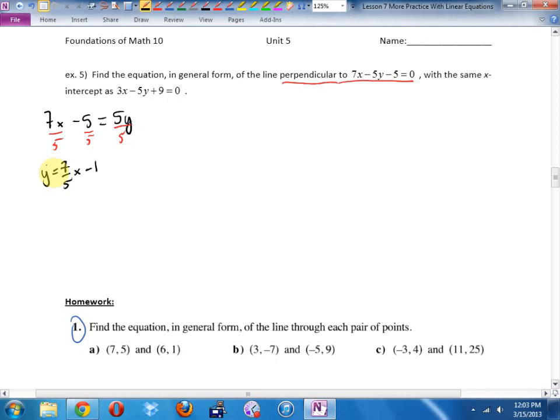I asked myself a question. Do I know the slope? Not yet. What is the slope of the line that I want to find? Well, first of all, what's the slope of the line that they gave me? Well, the slope that they gave me is 7 over 5. What's the slope that I want if mine is perpendicular?